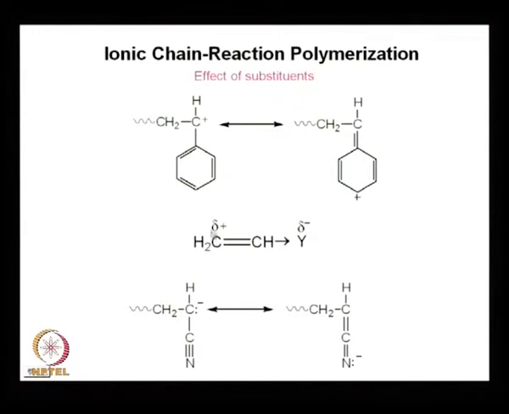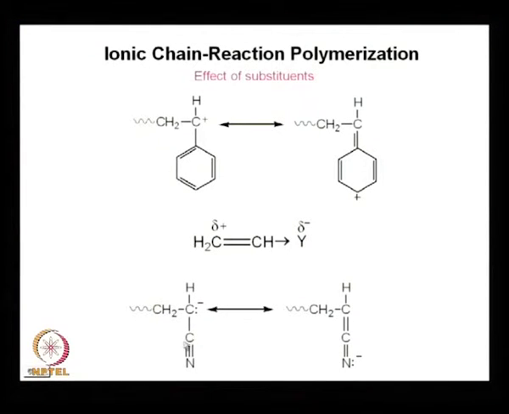So, this carbon will be positively charged and the substituent will be negatively charged. We can see this if the molecule is, say, acrylonitrile. Okay. In acrylonitrile the CN group is an electron withdrawing type group. So, it makes this carbon positive and this carbon negative. Okay. And you see, due to delocalization, it can stabilize this chain species.